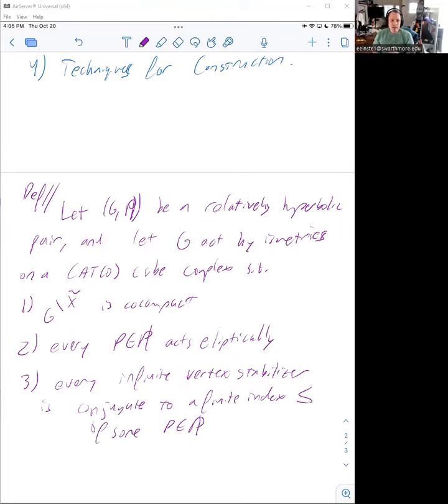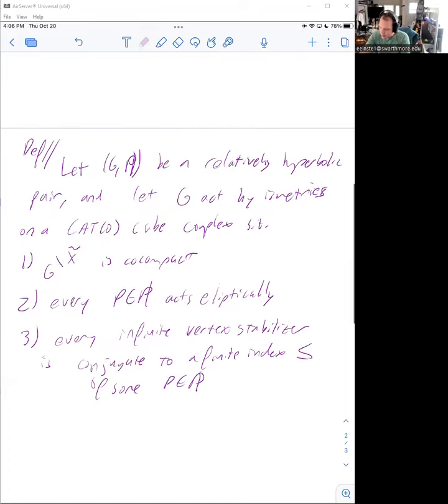So what that means is that your group is acting, and normally we think about proper and cocompact actions where the stabilizers are either finite or trivial, and we have a cocompact action. Here we're going to allow stabilizers to be uglier, but in a controlled way that works nicely with the geometry of the group.